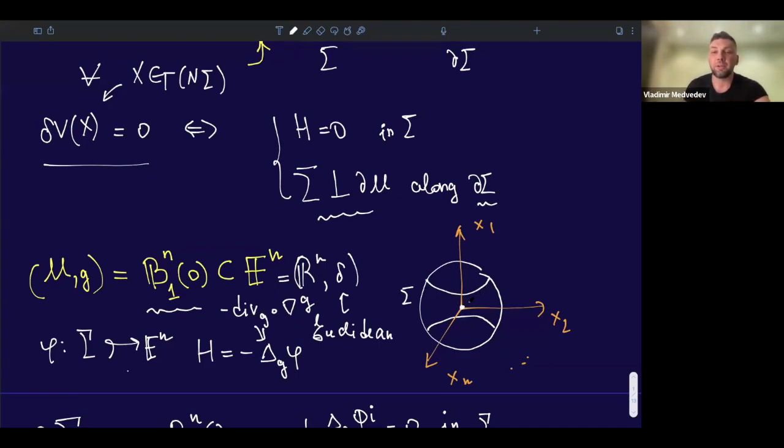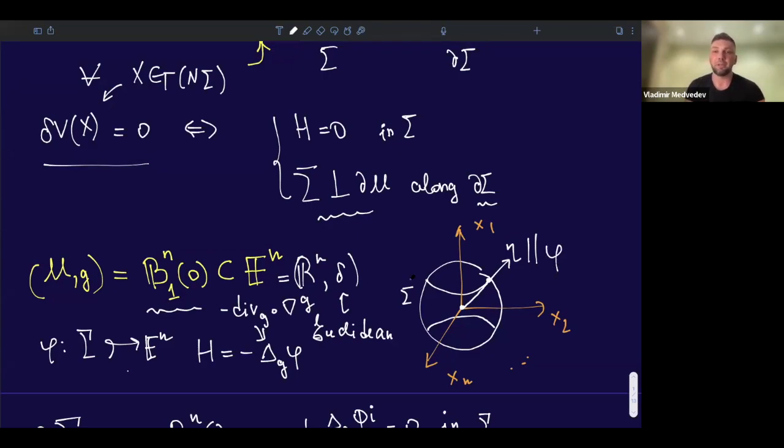And what is also nice about the ball is that if you consider the boundary sphere of that ball, then if you want to find something which is perpendicular to the boundary, its vector field is going to be proportional to the position vector field.